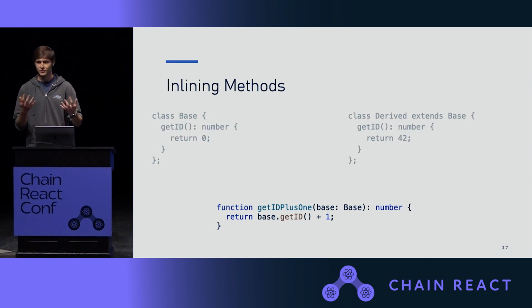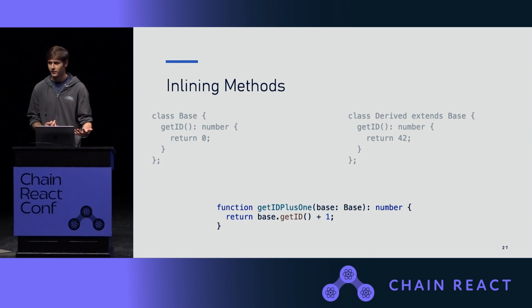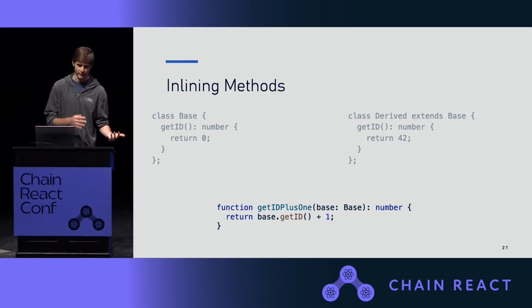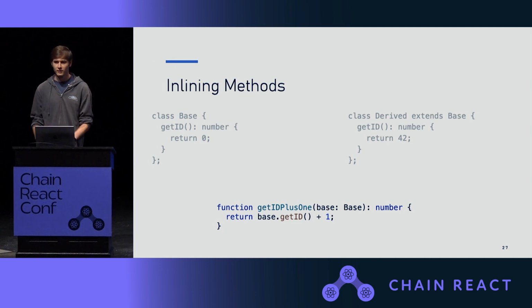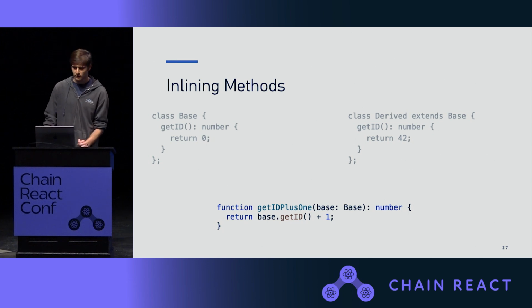It takes an instance of base and calls getID on it. Notice that the compiler here doesn't know which subclass of base you may have passed in here. It could be an instance of base. It could also be an instance of derived. Because of that, the compiler doesn't know what function is being called when you call base.getID. So this means that inlining isn't possible in this case.